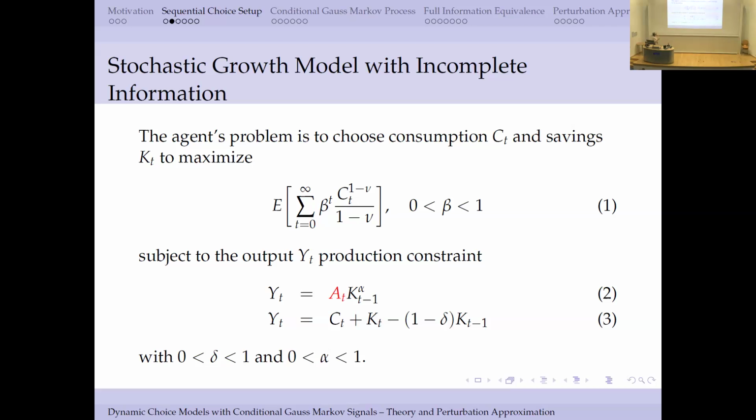So everything very standard. What is in red here is the source of stochastic variation in this model, which is the productivity. And what's going to be very important is the law of motion of productivity that different papers assume.